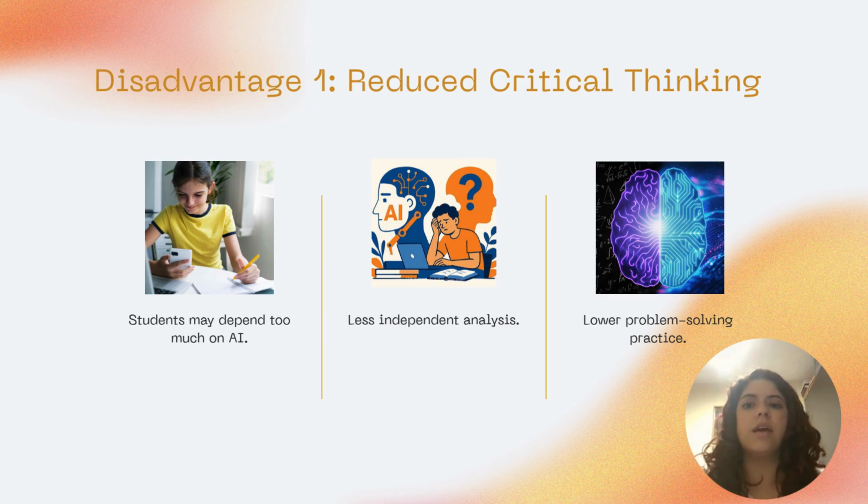Lo Guidance and Berdelli explained that students may become too dependent on AI tools because AI can generate answers immediately. Some students may stop analyzing information carefully or developing their own ideas. These situations can negatively affect problem solving abilities and independent thinking.